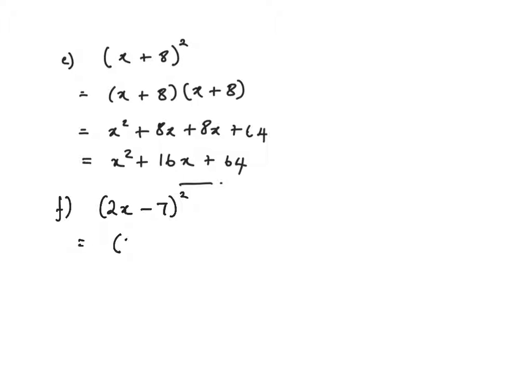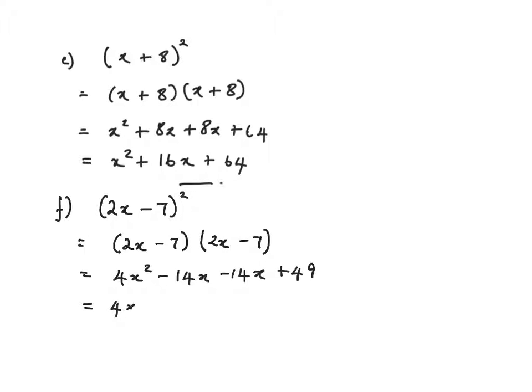So for x minus 7 all squared: x squared minus 14x minus 14x plus 49, minus 28x plus 49.